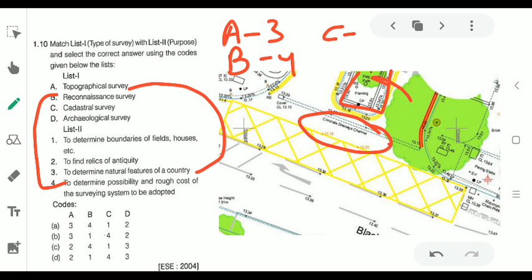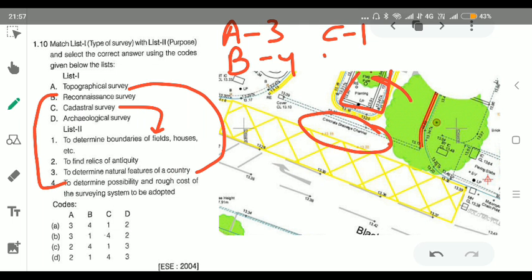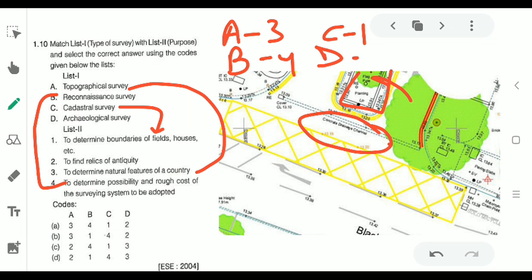Then C, cadastral survey, to determine the boundaries of the fields, houses, etc. So C belongs to 1. Then D belongs to 2. So the correct order would be 3, 4, 1, 2. That is given by option A.